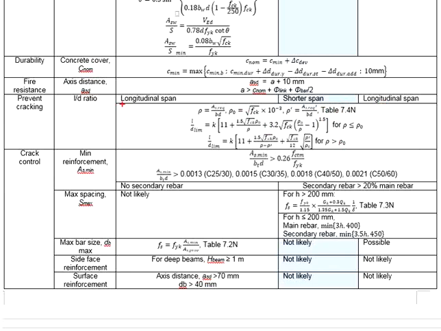However, the areas to be checked vary slightly. The beam and the staircase are checking the L per D ratio towards the direction of bending, which is the longitudinal span. As for the slab, you are actually checking the shorter span.